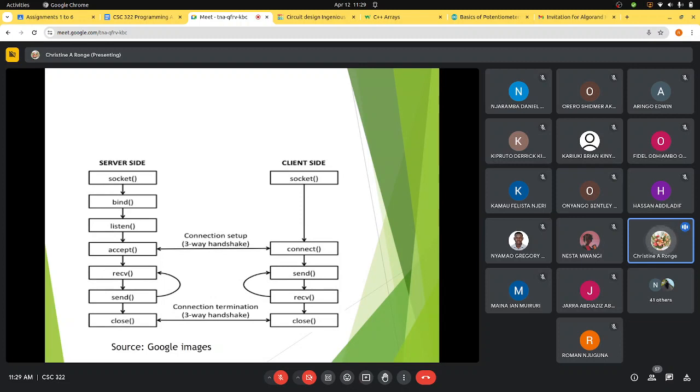So unless it's a well-known server, it can choose an address by itself. Now, once that has happened, then it needs to use the listen command. What is the purpose of the listen command? The purpose of the listen command is to specify how many connections it is willing to have in the queue.